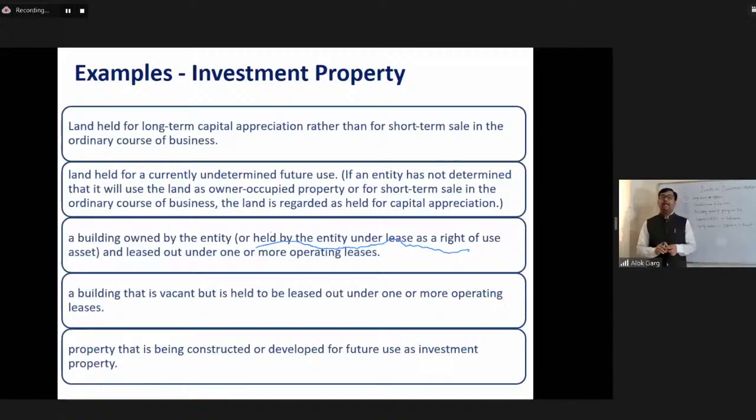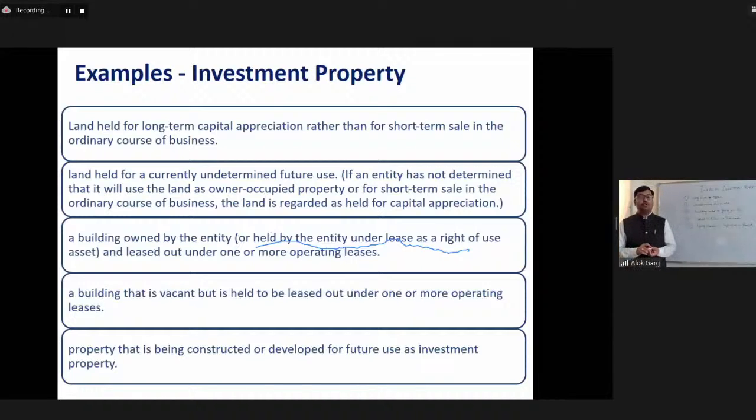Sir, what will happen if a company is constructing a building? Property which is being constructed or developed for future use as an investment property. The company is constructing a building with an intention to use that building for rental purposes, with the intention of keeping that building for long-term appreciation purposes.